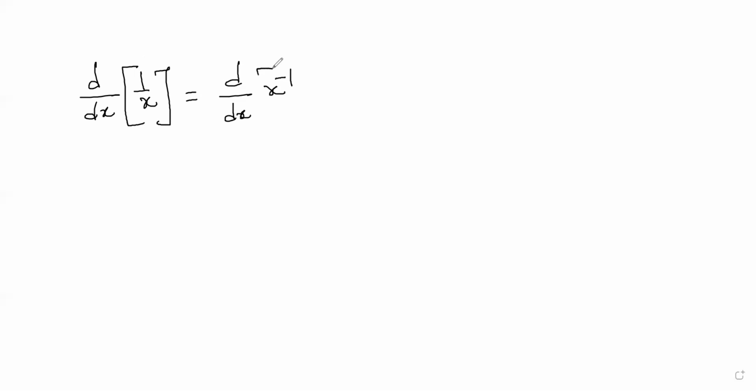Another thing you have to remember is two more things. d by dx of 1 by x is the other one you have to remember. We'll solve it now, but you have to remember it. 1 by x is x power minus 1. Now you can write n into x power n minus 1, where n is minus 1.